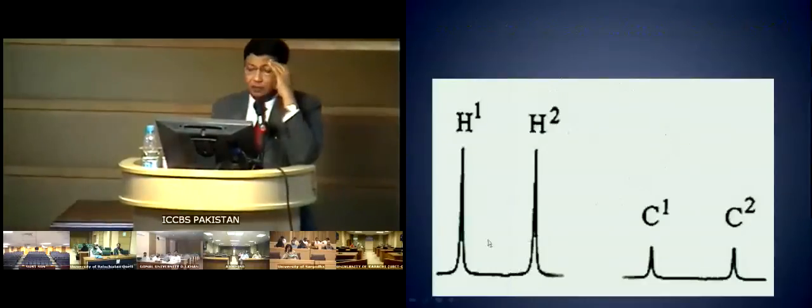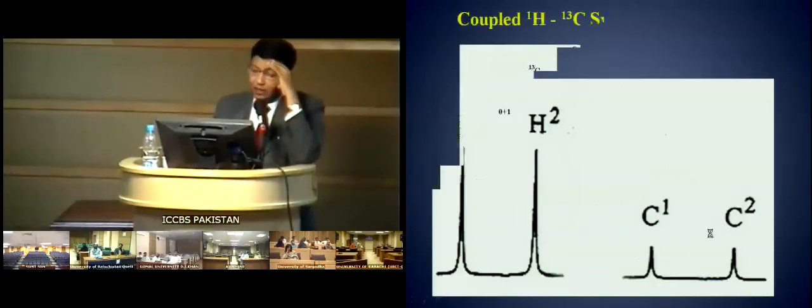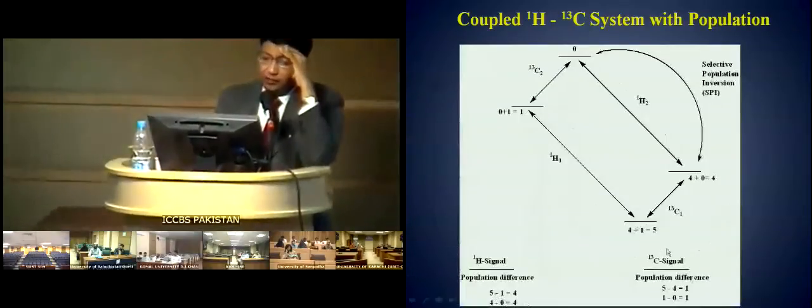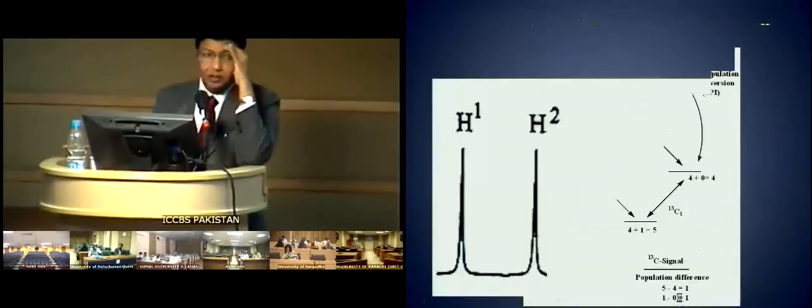Now if I tell you that the intensities would look like this, that the proton signal would be 4 times larger than the carbon doublet. So this is a proton doublet because of the coupling with the carbon, and this is the carbon doublet, and it is fairly simple because you can calculate that 5 minus 1 is 4, and 4 minus 0 is 4, and this is 5 minus 4, 1, and that's what you see, right?